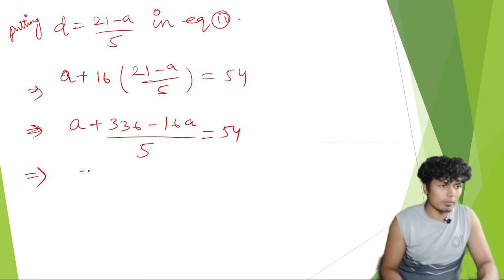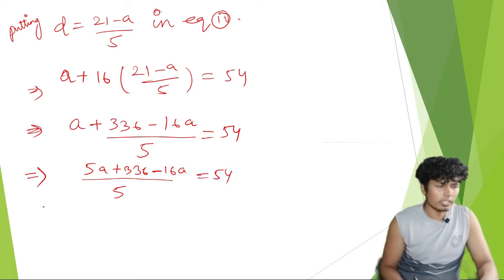So take the LCM, 5. So 5a plus 336 minus 16a is equal to 54. So 5a minus 16a will be minus 11a.